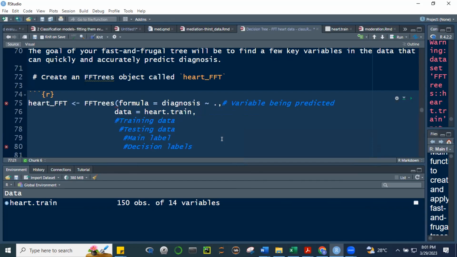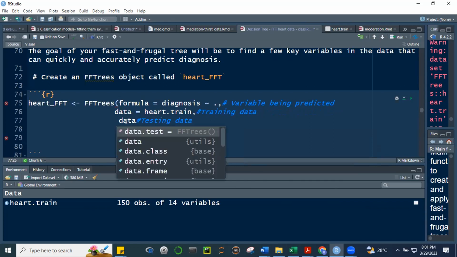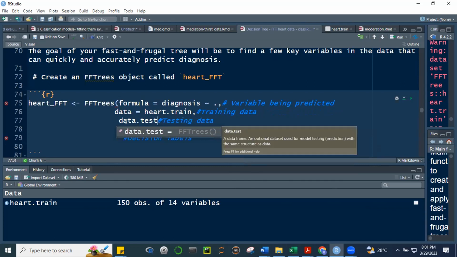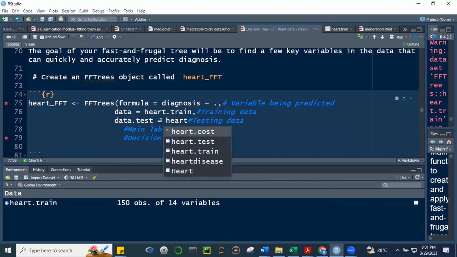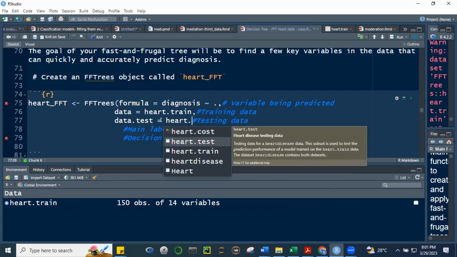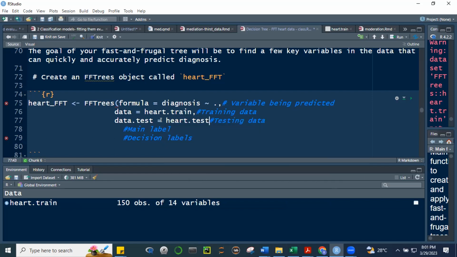And then here, our comment is training data, and here we have to put data.test. Our testing data is heart.test. This is the syntax, heart.test, comma.